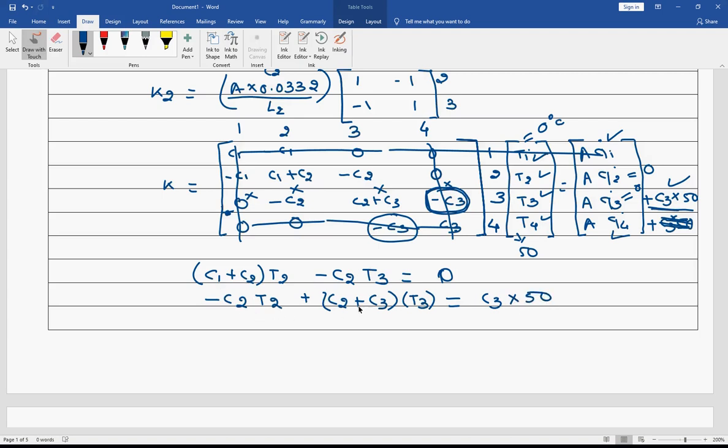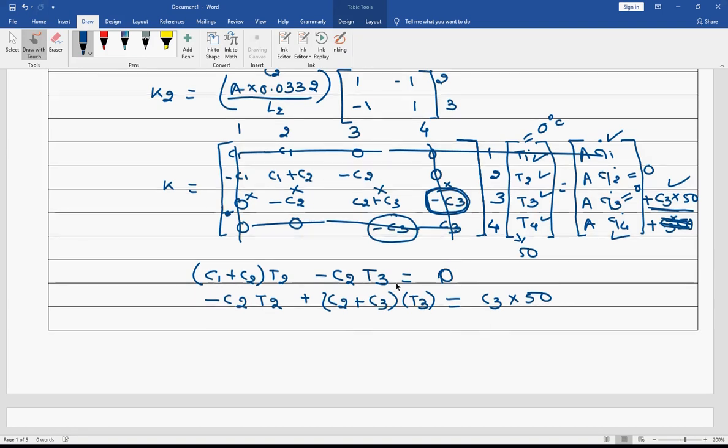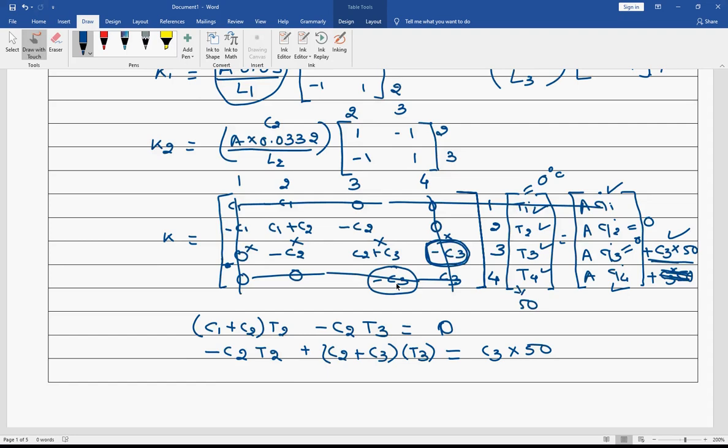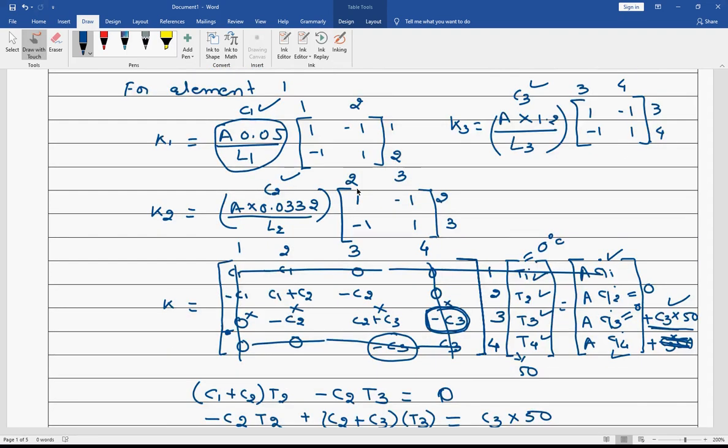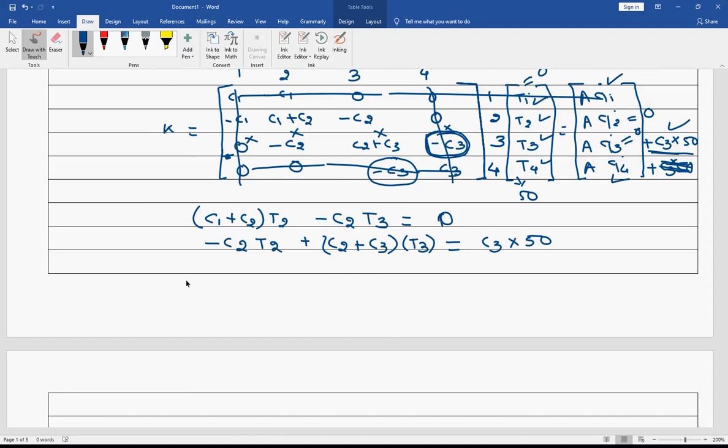Now C1, C2 and C3, this value you can easily calculate. So these are the values of C1, C2 and C3. Put down these values and solve this equation and then let me know the value of T2 and the value of T3. Okay, solve it.